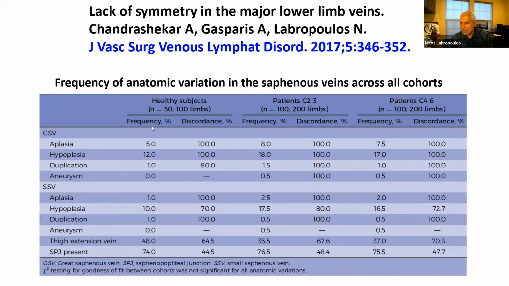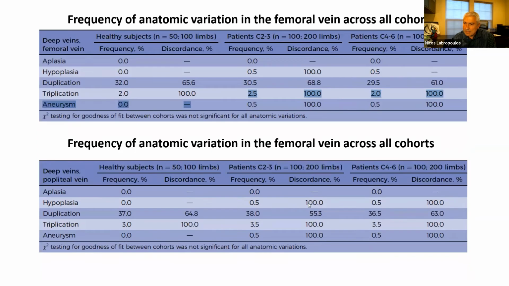And this is for healthy subjects with no venous disease, patients with class 2 to 3 disease, and people with skin damage as well. So it doesn't matter whether you are normal or a patient, you're bound to be asymmetrical. And this holds true for the deep veins, for example, looking at the femoral vein for aplasia, hypoplasia, duplication, triplication, or an aneurysm, and the same is true for the popliteal vein.